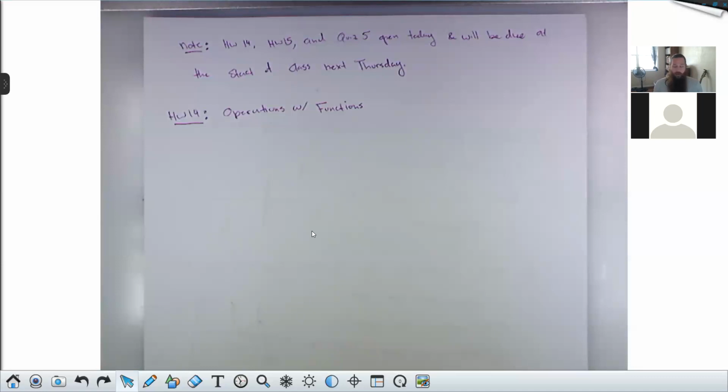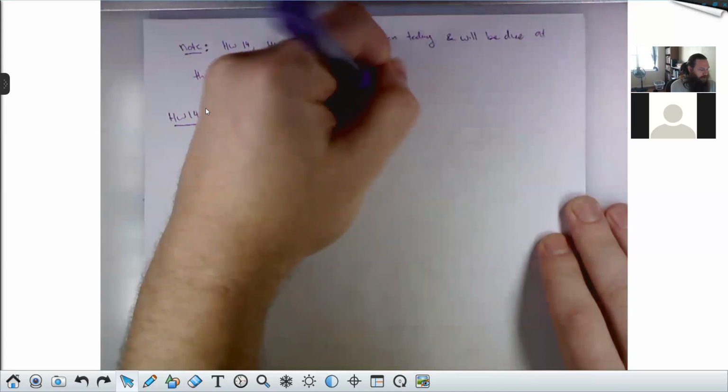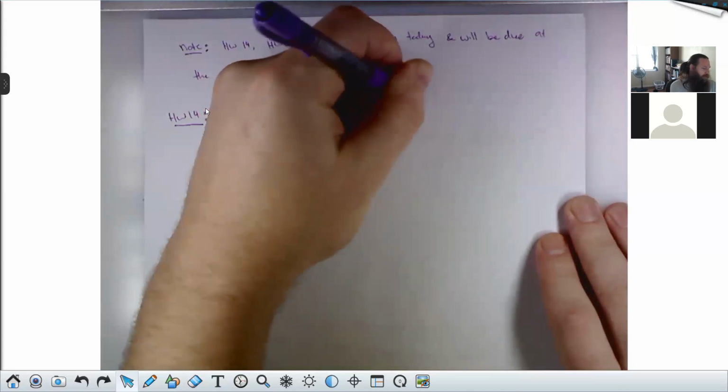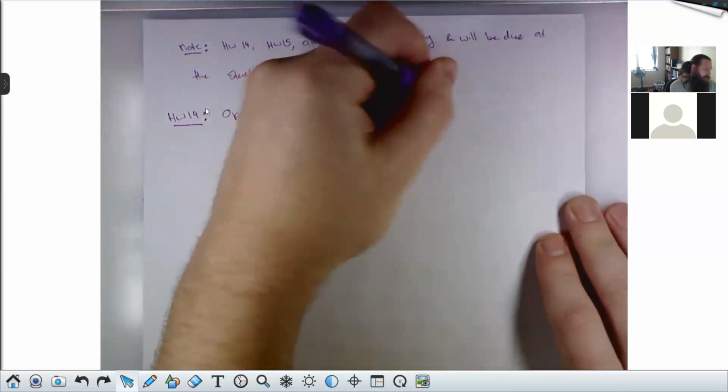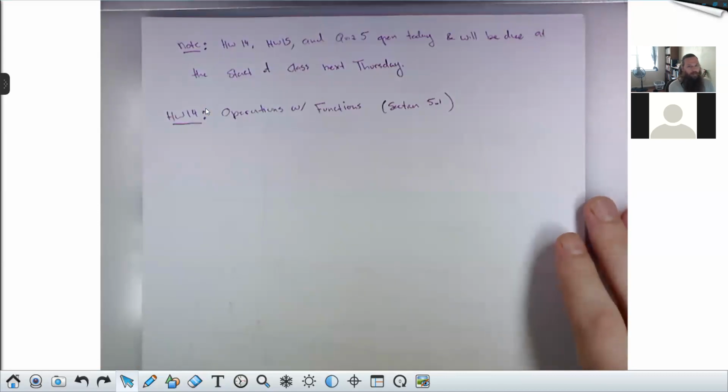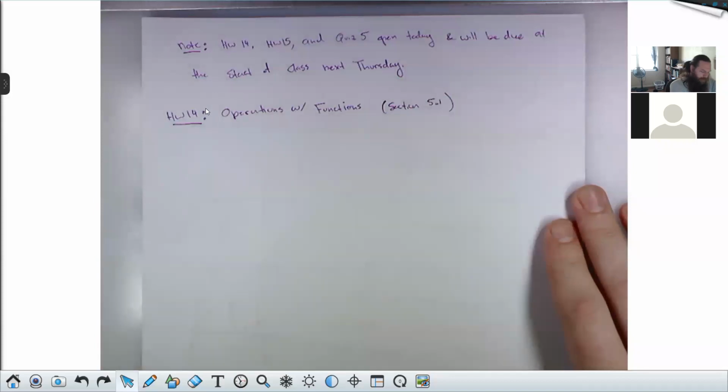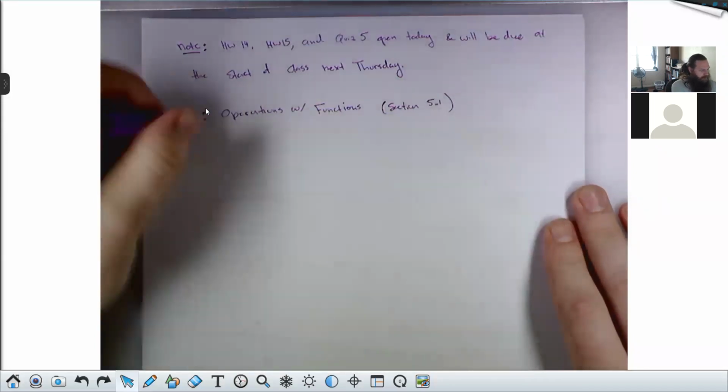This is a big deal to mathematicians. We go on to study spaces of algebras of functions, and it's really, really cool stuff. But in order to get there, you need to learn the notation. And this homework 14, which is section 5.1, is really where we learn that notation. So this is all about operations with functions, and I'm just going to dive right in here.